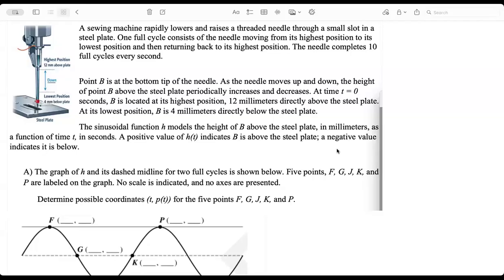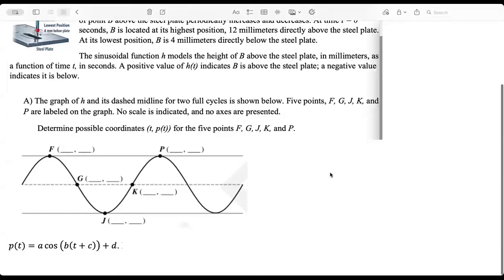Should I give you the values of all the points? Yeah, please. All the points and then the equation in the cos format.